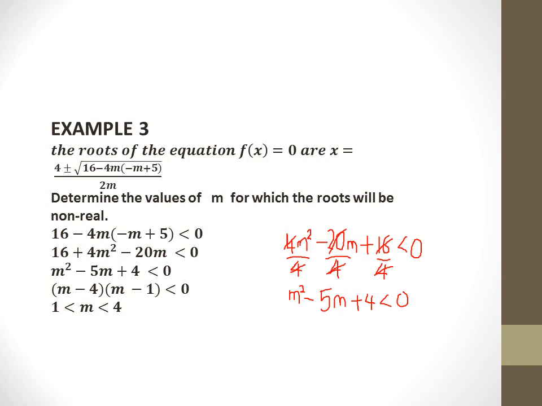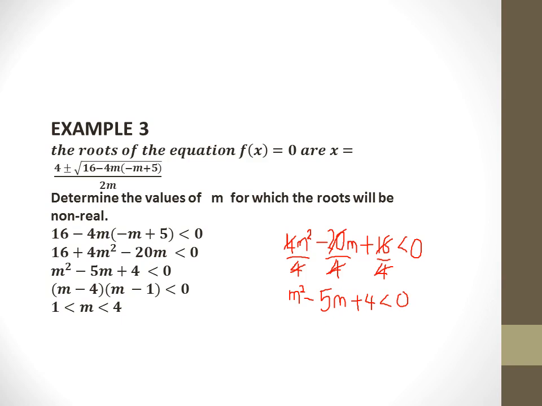So first of all, the value for delta has been given, which is 16 minus 4m in a bracket negative m plus 5. We have to make it less than 0 because we are talking about non-real. So hence we have 16 minus 4m in a bracket minus m plus 5 less than 0.